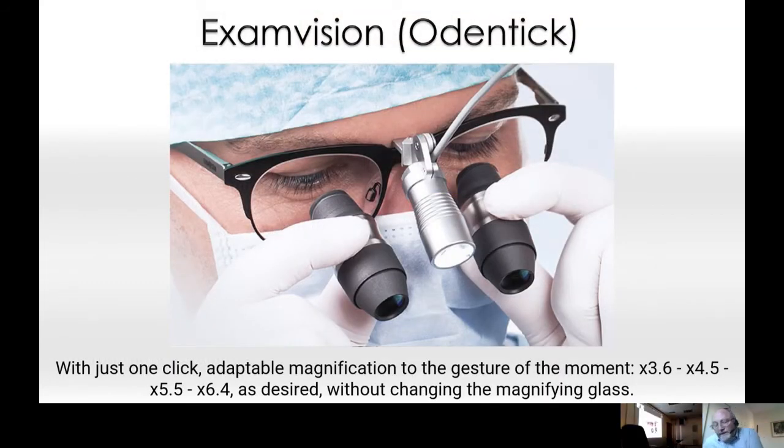Then note that this new generation of loupe allow adaptable magnification from 3.6 to 6.4 without changing the glass. Note that at 6.4 fold, we are close to the microscope power, and detail obtained with this new loupe are really remarkable.